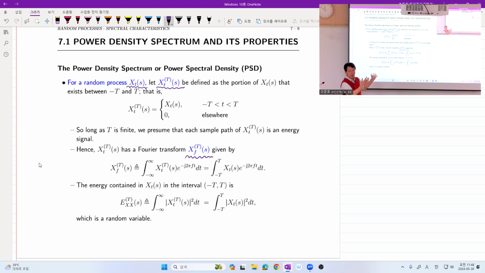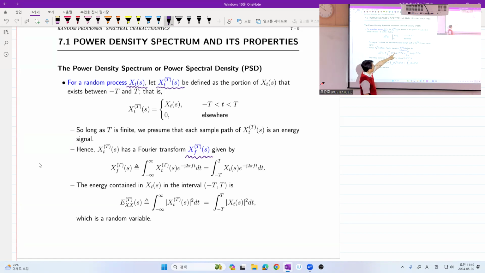So now this exists, no problem. And we do the Fourier transform. Be careful. Here, by definition, x sub f sub T of s. This s means what? The specific sample path for the outcome s, right? And this is simply the Fourier transform of the time function. And here goes the trick.